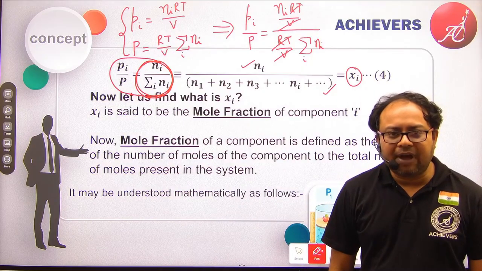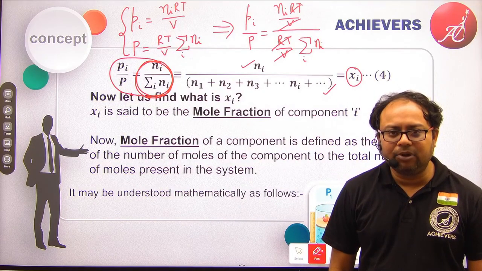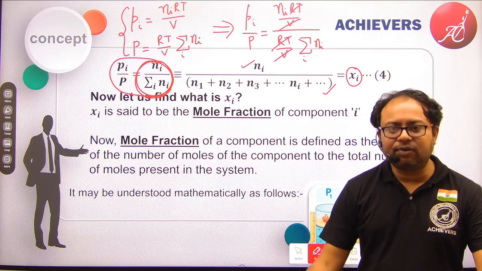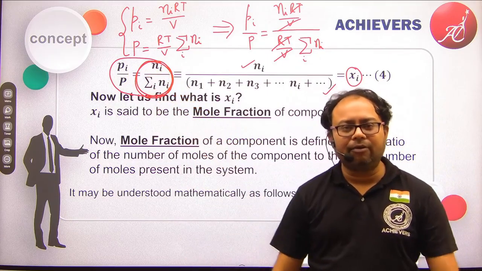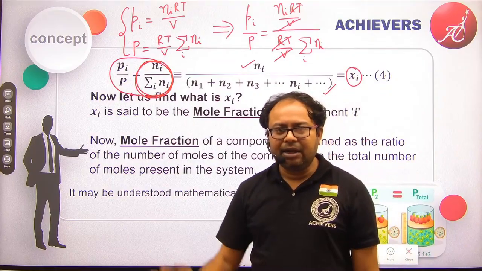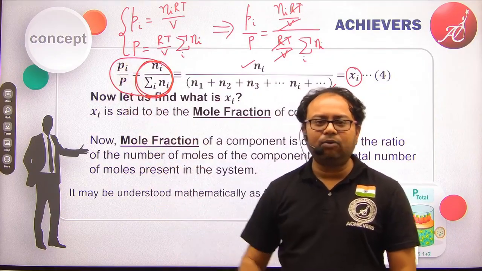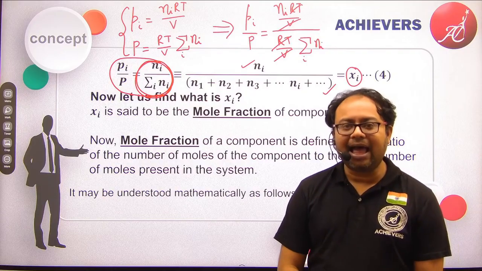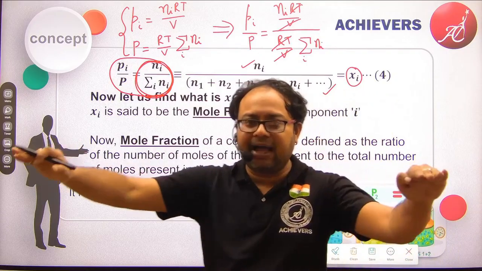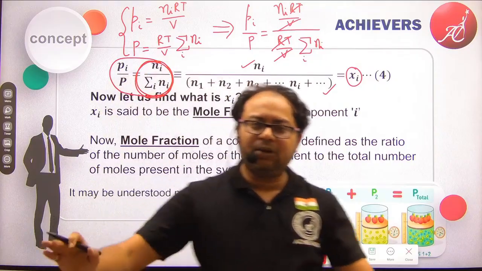What is x1? Number of moles of 1, that is n1, divided by total number of moles. What is x3? Number of moles of 3 divided by total number of moles. So in general, we'll define xi as number of moles of I, that is Ni, divided by total number of moles.